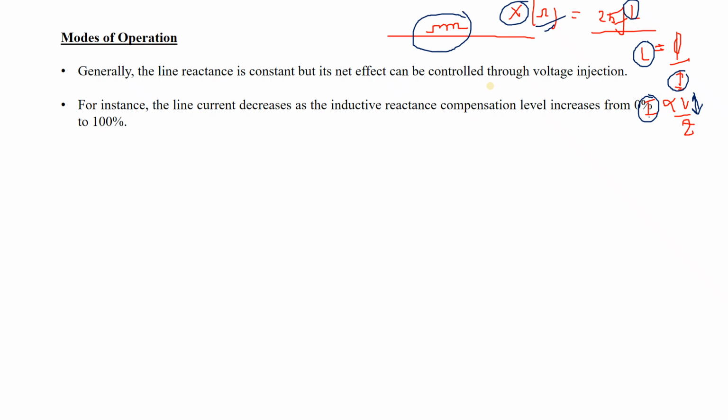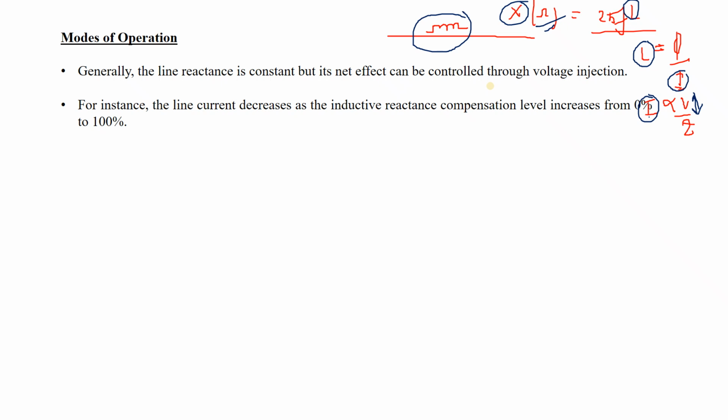That means when the inductive reactance compensation level increases, we need to increase the reactive power compensation. Inductive reactance compensation means the inductive reactive power. So there is more load, and the load is increasing from 0 to 100%.